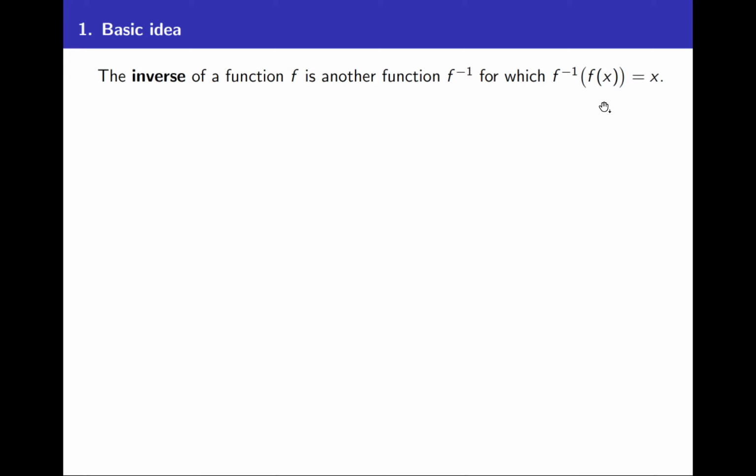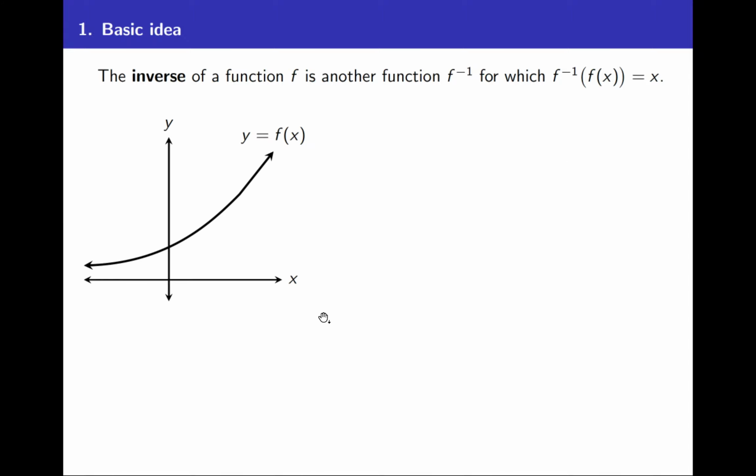In other words, you plug in the number f of x into f inverse, and you get out the number x. So in essence, f inverse is undoing the action of f. You plug in x to f, you get some number f of x, you take f inverse of that number, and it bounces x right back to you. It undoes what f does to x.